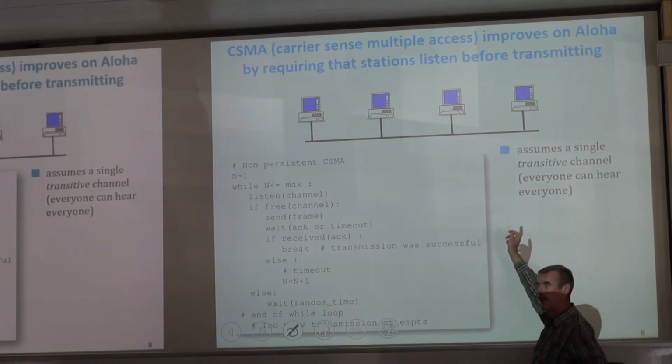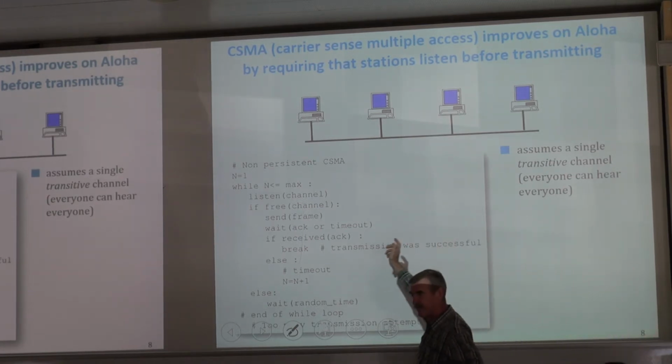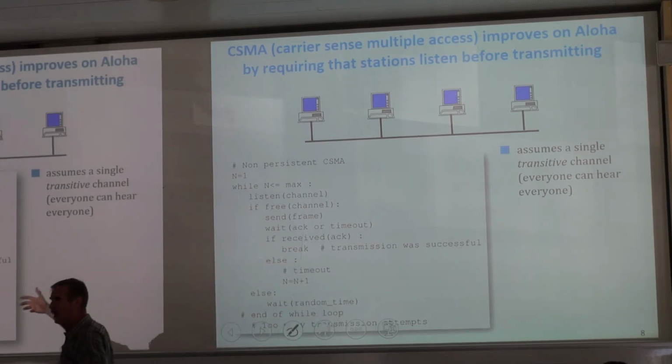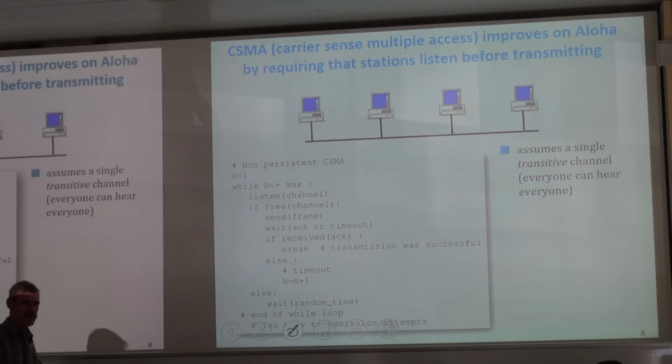Which might not be true if the cable is very long, but will be true if the cable is not so long, and if the emission powers are large enough so that anybody can hear it. That's one of the assumptions that go together with CSMA.